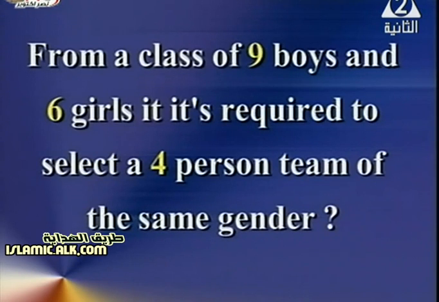From a class of 9 boys and 6 girls, it's required to select a 4-person team of the same gender. Remember, we have 9 boys and 6 girls. The requirement is to select a team consisting of 4 persons of the same gender.